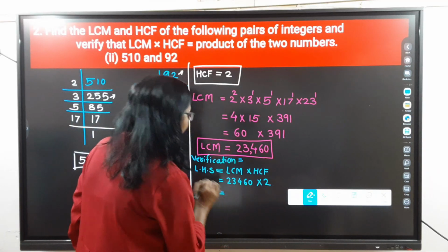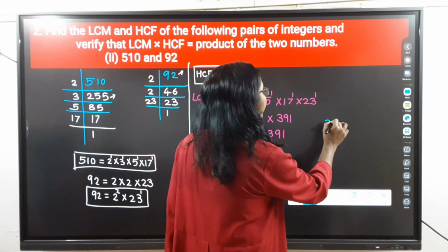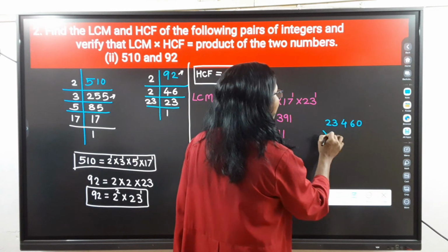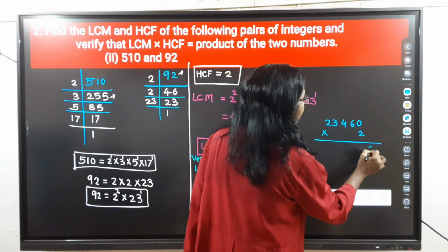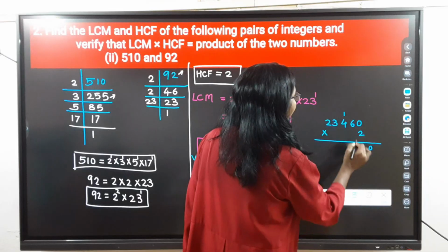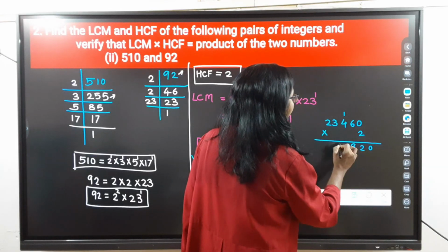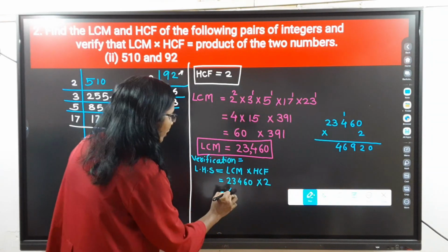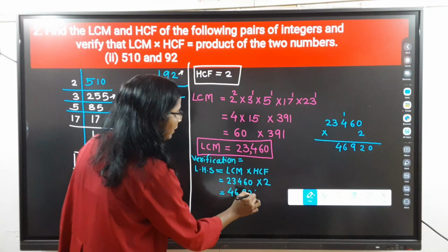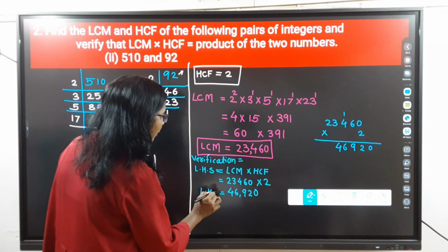So the product of these two is 23,460 multiplied by 2, so here 0, then 12, then 8, 9, and then 46. So 46,920. Okay students, so LHS is 46,920.